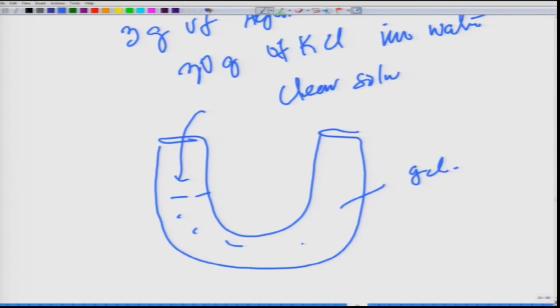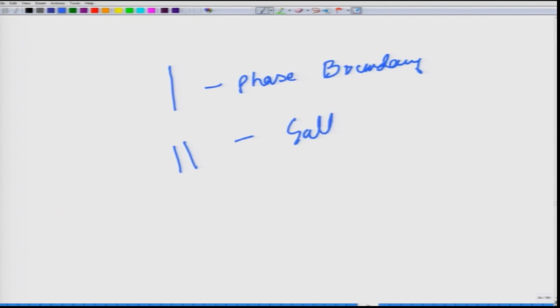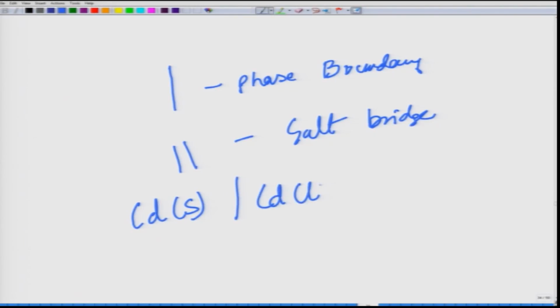And talking about the line notation, here a single line shows the phase boundary and the double line shows the salt bridge. So, the cell in this case is cadmium solid, CdCl, which is aqueous.